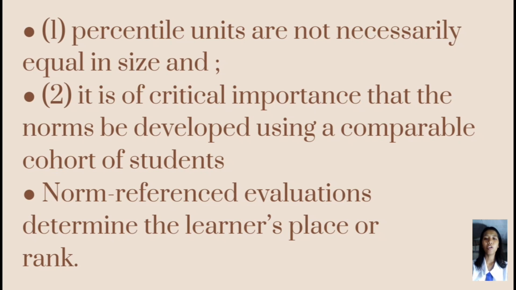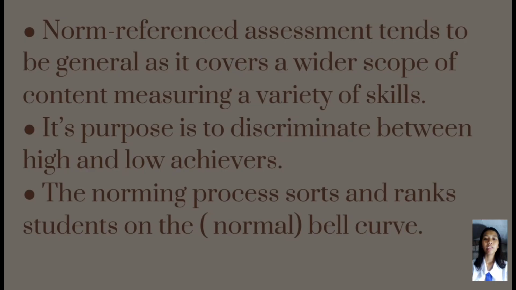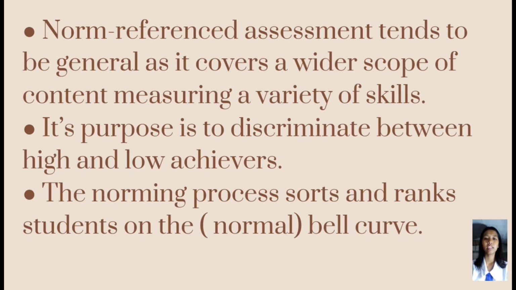And according to Kubiszyn and Borich in 2010, a norm reference assessment tends to be general as it covers a wide scope of content measuring a variety of skills. Because there are several objectives covered, only 1 or 2 items are sampled for each learning objective. Moreover, difficulty of test items varies and may likely result in greater variability in test scores.